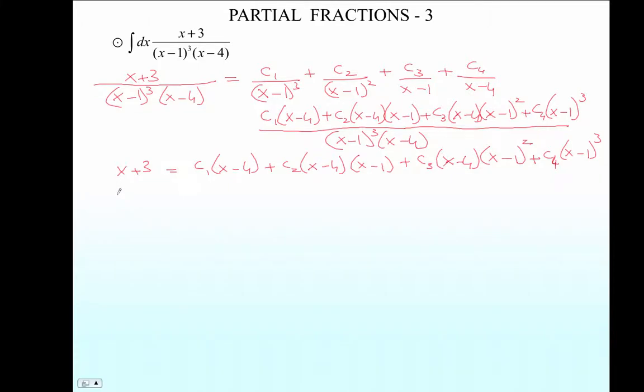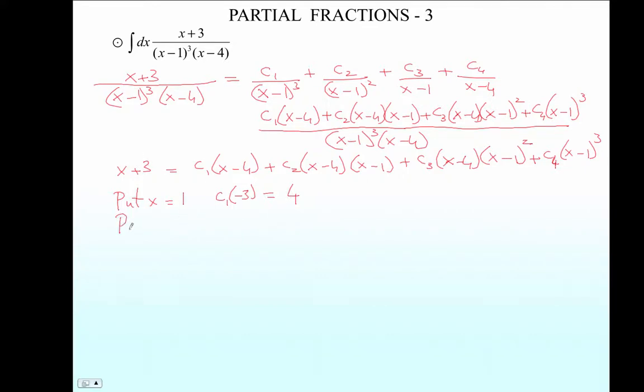Now, we shall make an intelligent choice for x, put x equal to 1, in which case the coefficients of c2, c3, and c4 will all be 0, and we shall end up with c1 into 1 minus 4, which is minus 3, equal to 4 on the left side over here.